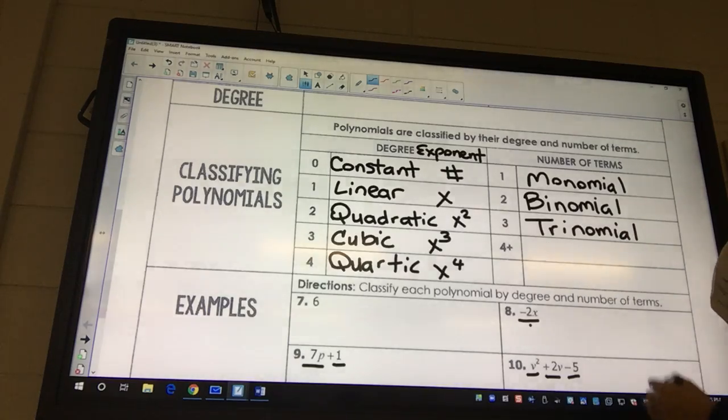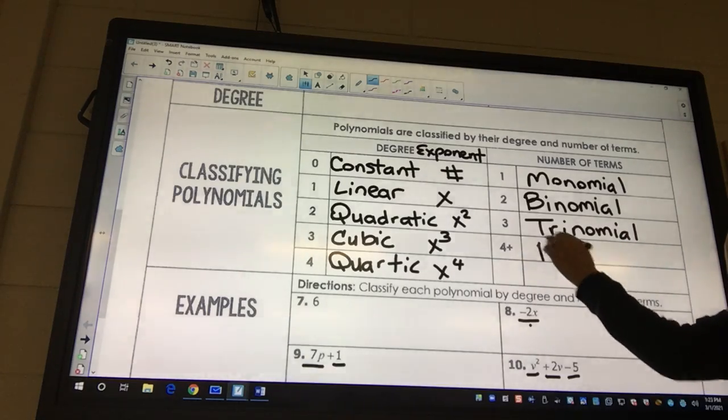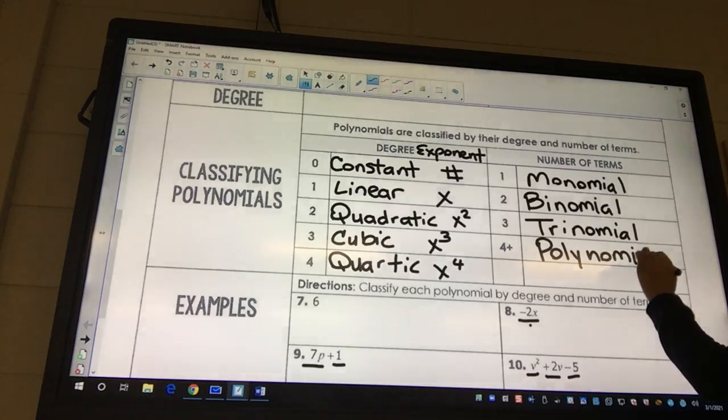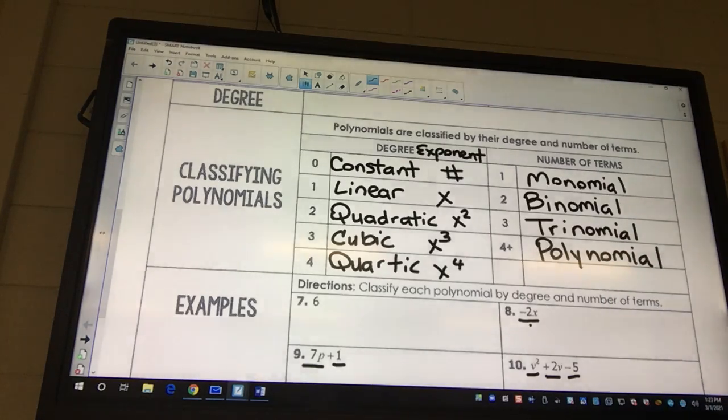And 4+ terms is going to be a polynomial. So the chances of you remembering all this are not that great, right? They are nomials.